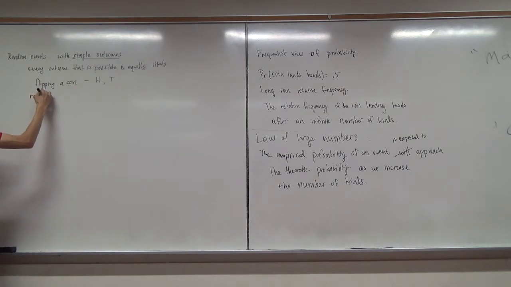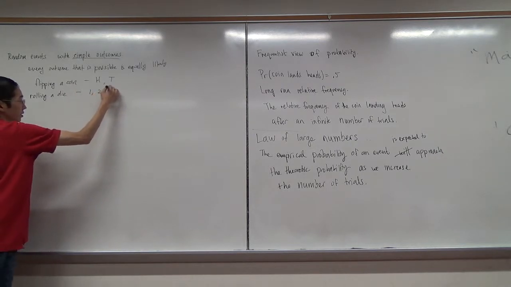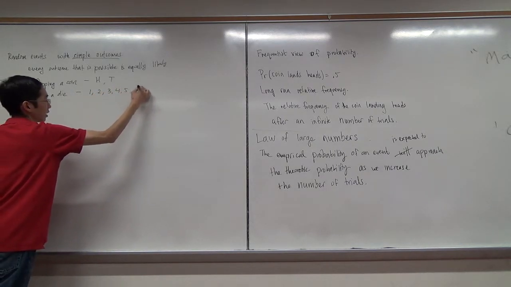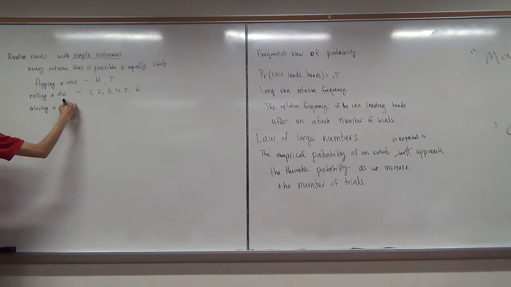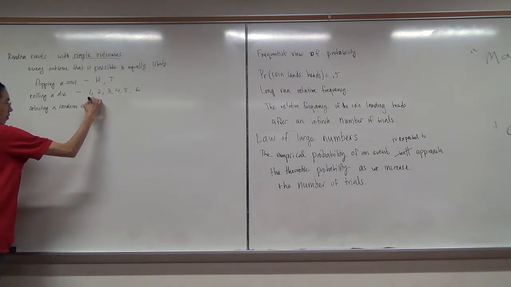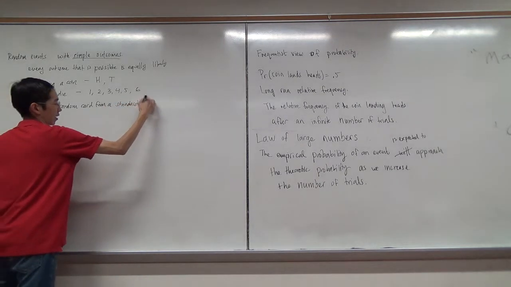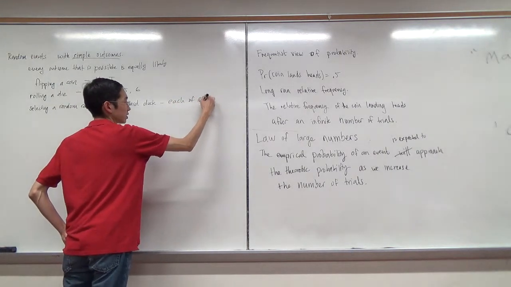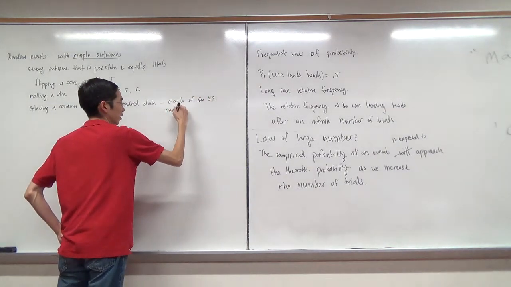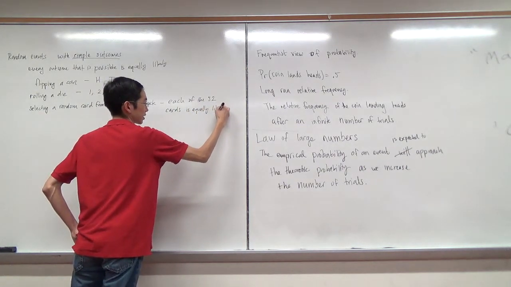Rolling a die, you can get 1 through 6. They're all equally likely. Or selecting a random card from a standard deck, each of the 52 cards is equally likely to be selected.